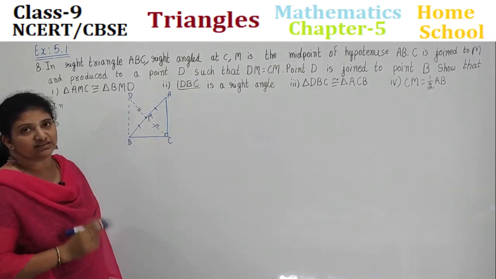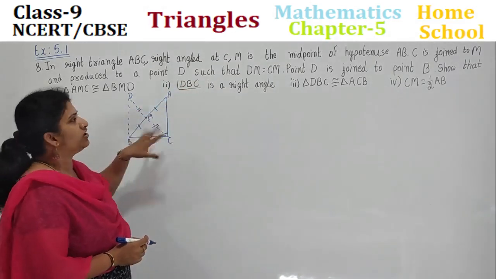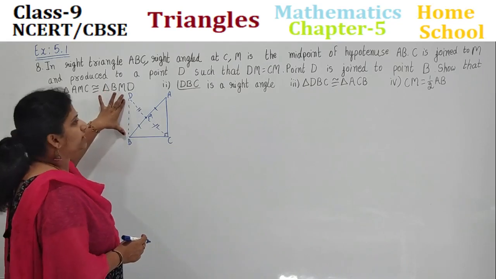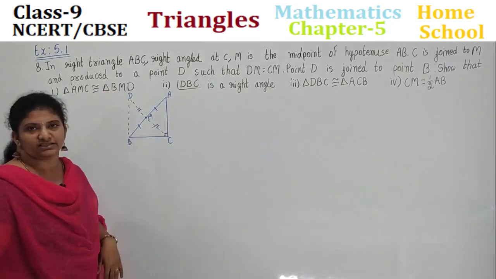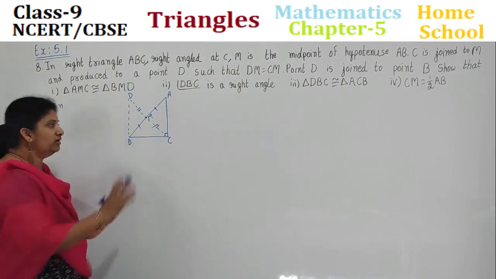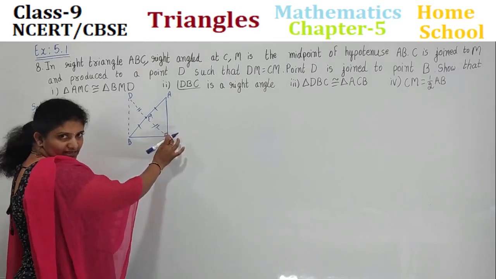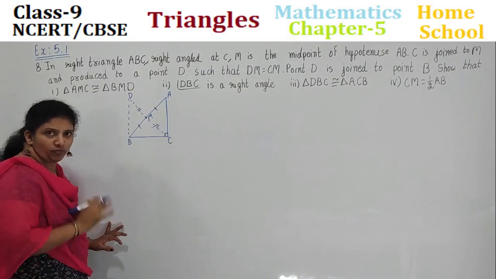Now, what we got here: two pairs of sides are equal. Point D is joined to point B. Show that these four cases. Once again, understand the problem. In right triangle ABC, right angled at C, M is the midpoint of the hypotenuse.